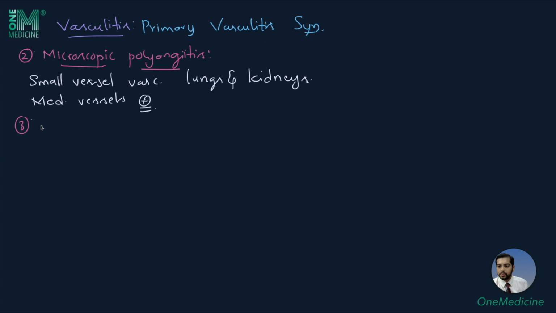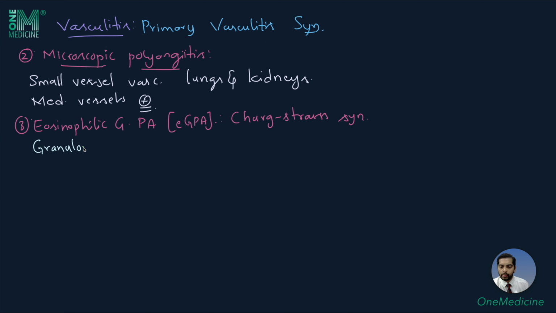A third subtype is eosinophilic granulomatosis with polyangiitis, also known as EGPA. This condition is commonly known as Churg-Strauss syndrome. This condition is characterized by granulomatous vasculitis of multiple organs. Most commonly involved organ is lungs.